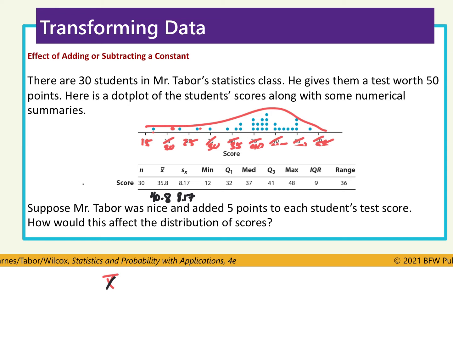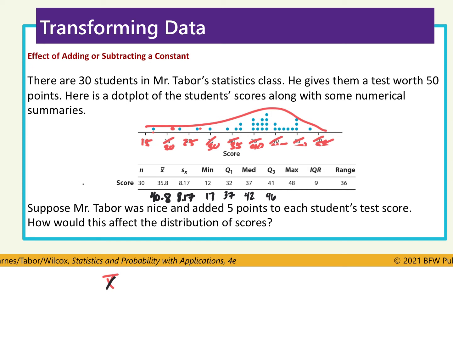What's the new minimum? 17. What's the new Q1? Wait, we're adding 5. 37. The median is 42. Q3 is 46.